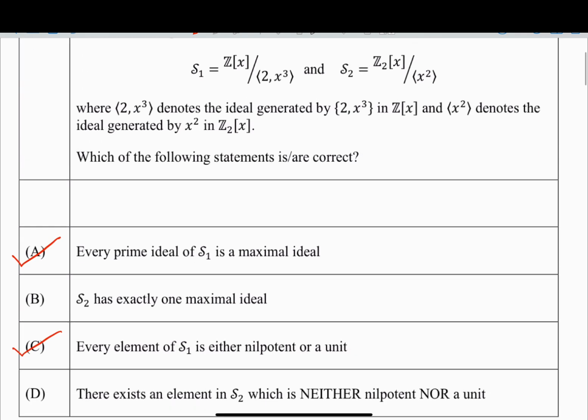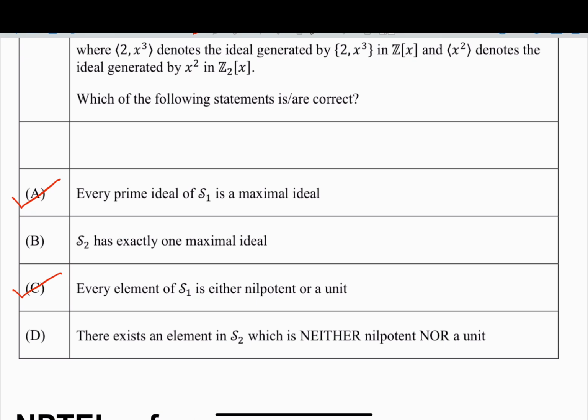Now let's come to S2. B is saying S2 has exactly one maximal ideal, and D, there exists an element in S2 which is neither nilpotent nor unit.